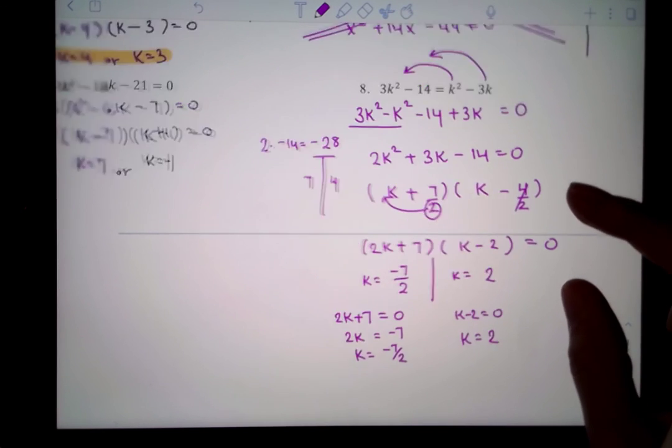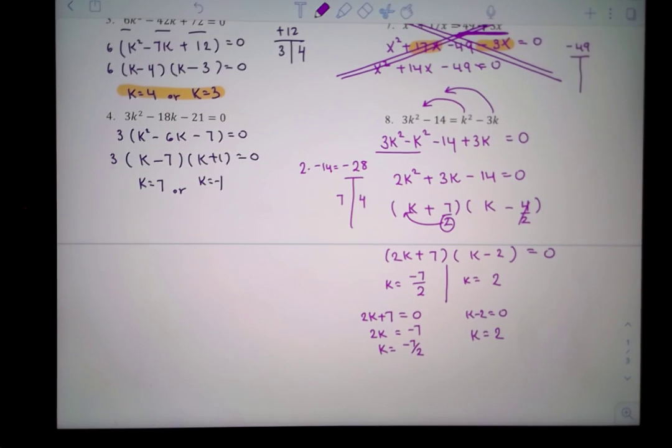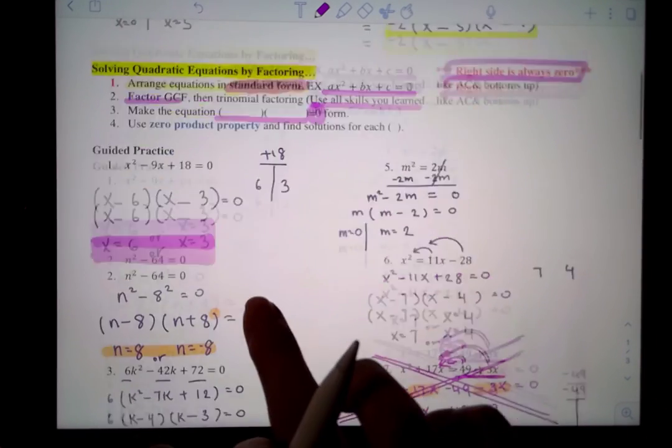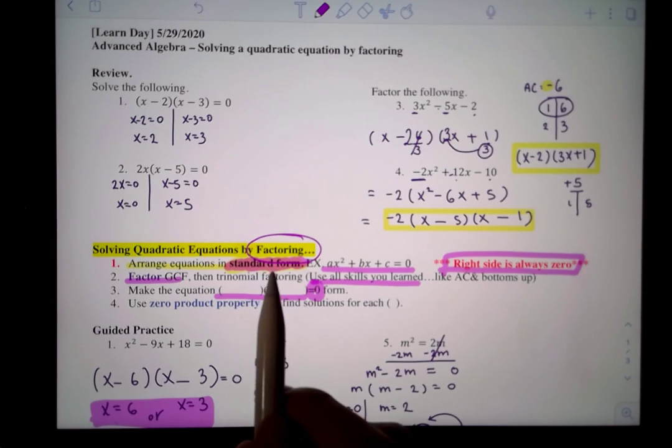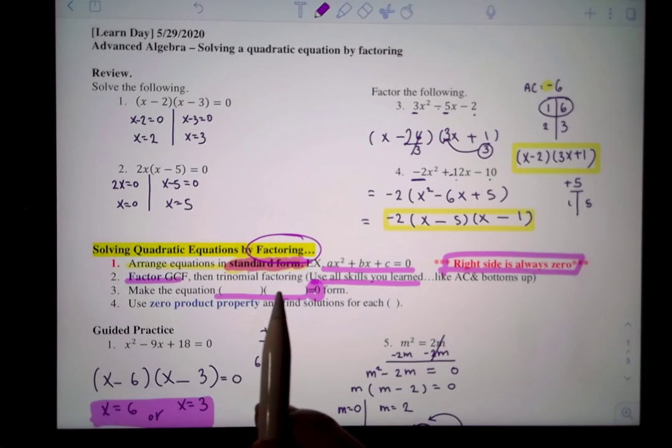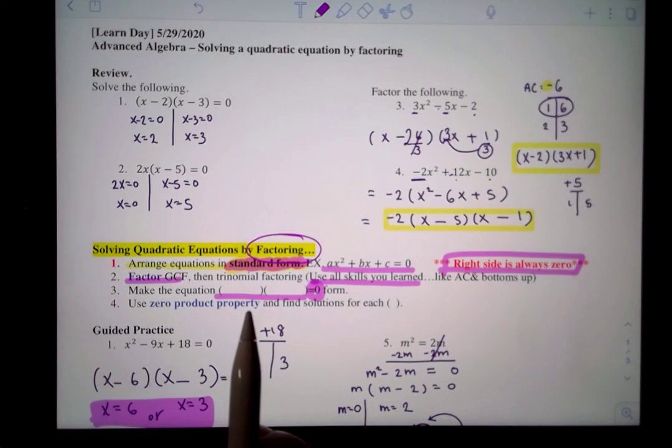So guys, that's it. So today we're solving quadratic equations by factoring. And look, solving quadratic equations by factoring means there's another way, right? So next class, on Monday, June 1st, you will practice solving quadratic equations by factoring.